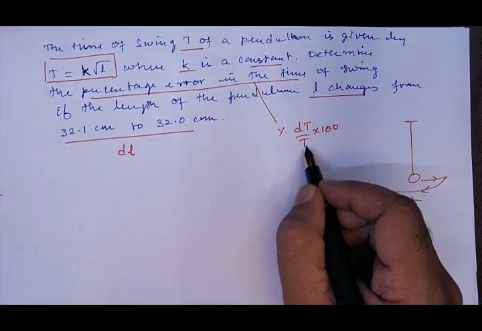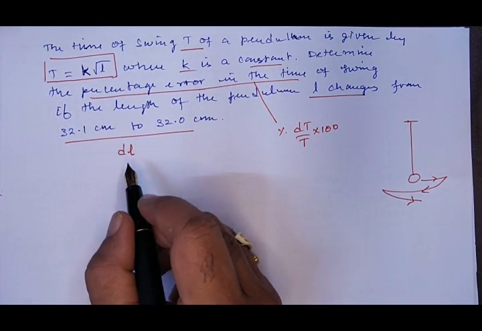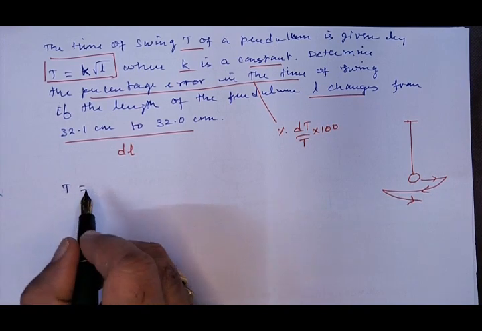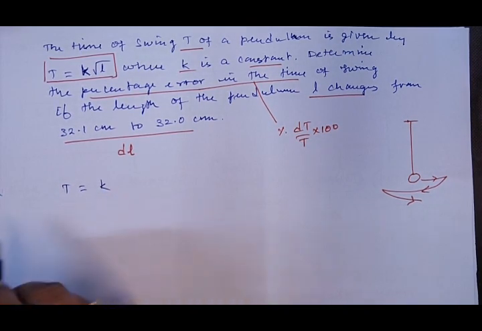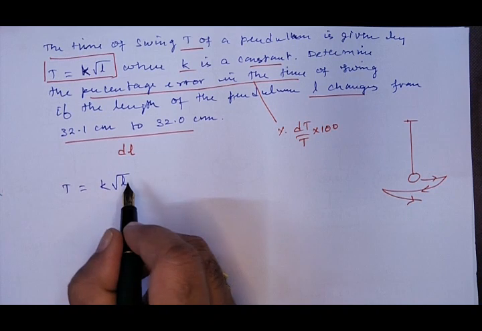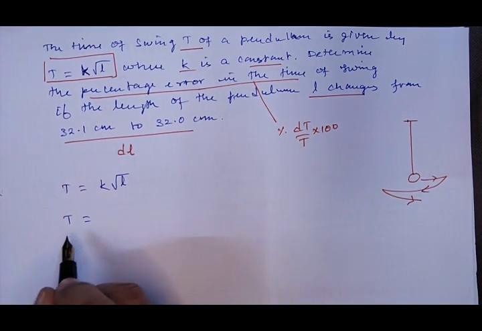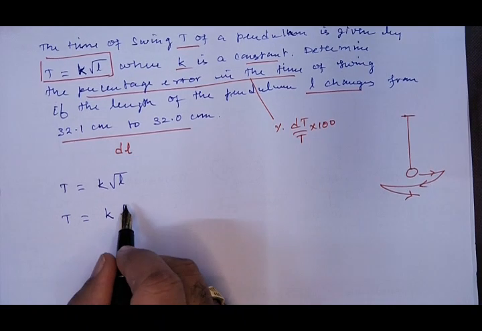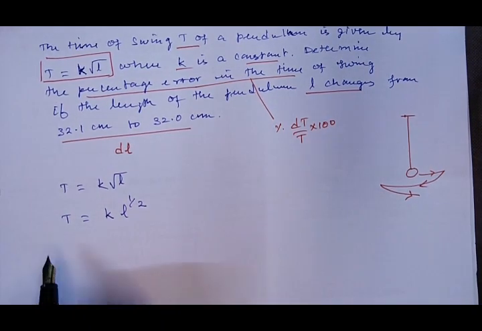We can take the original equation t is equal to k into square root of L, which is equal to k into L power 1 by 2. So let us differentiate this with respect to L.